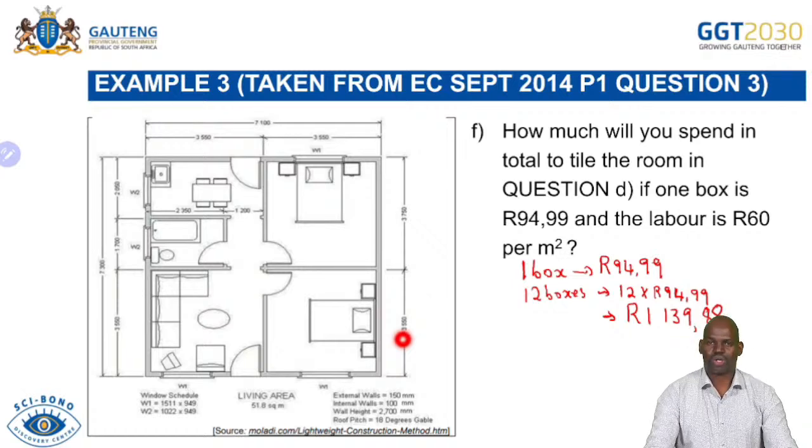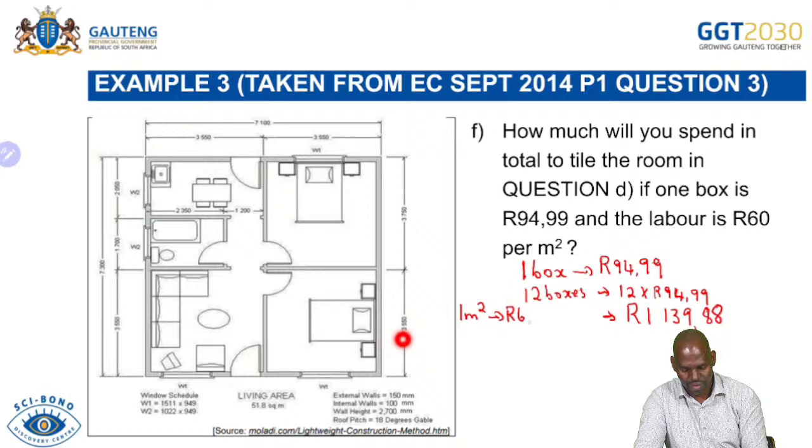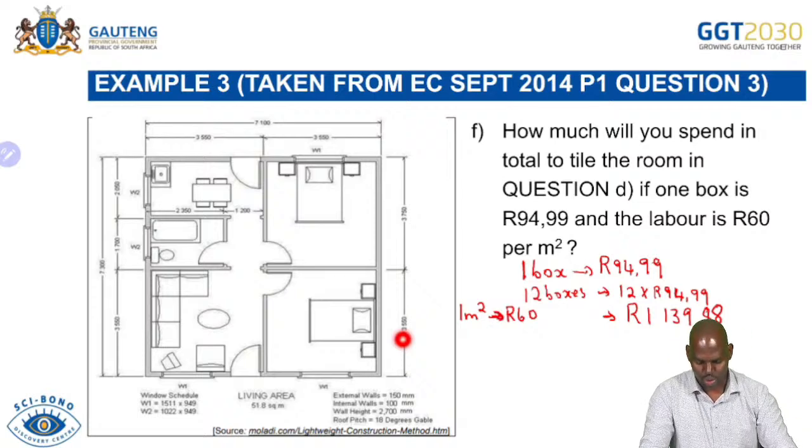Okay, the boxes will cost 1,139 rand and 88 cents. Another cost is labor. For labor, it's going to be 60 rand per square meter. We know that for 1 square meter, this will cost 60 rand. But how many square meters is the room?